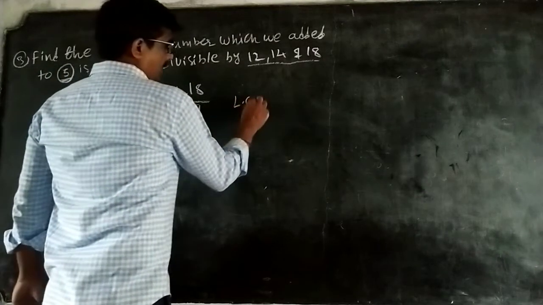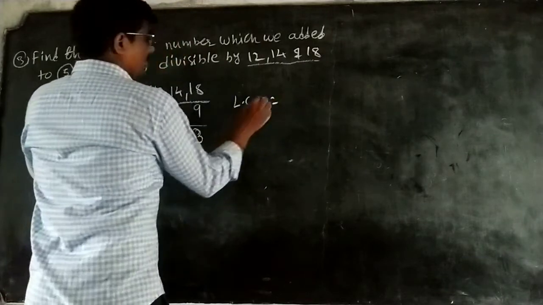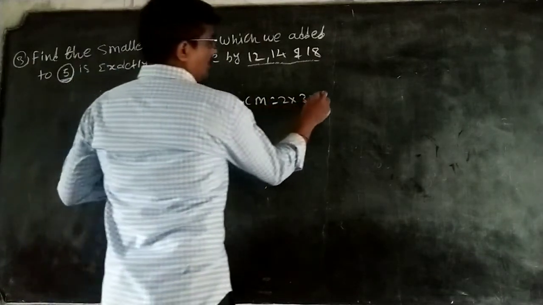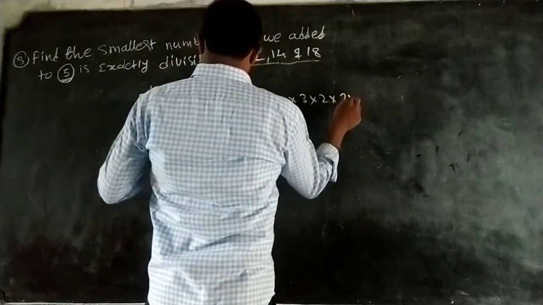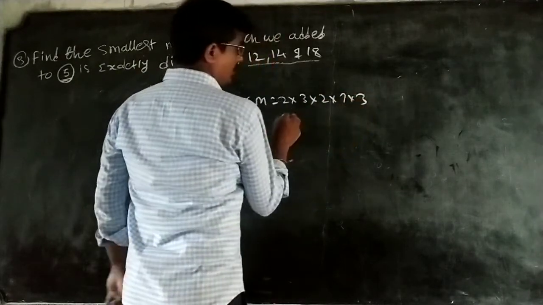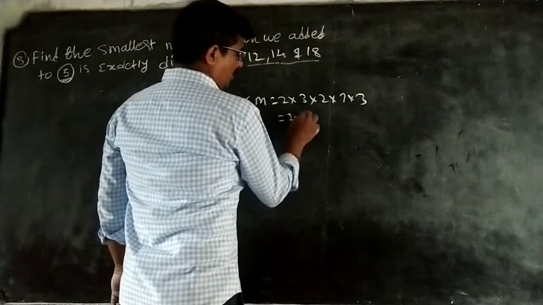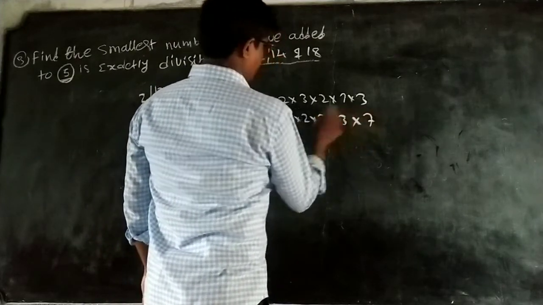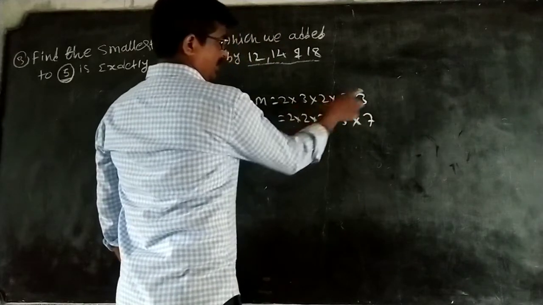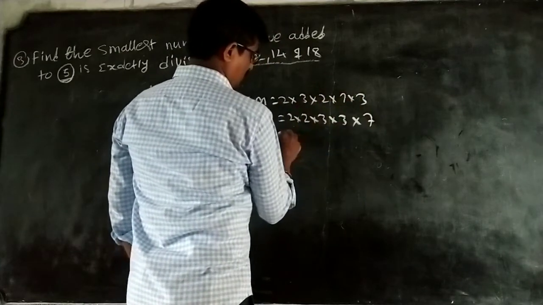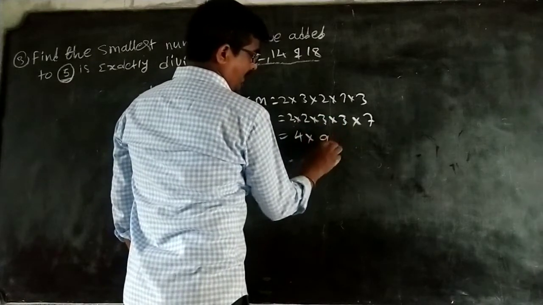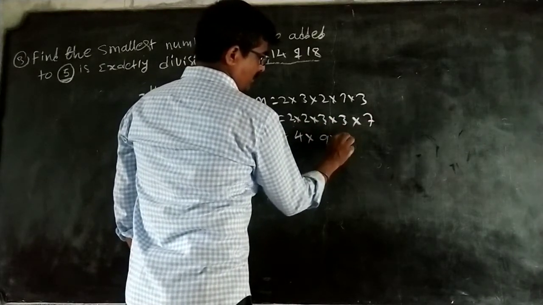Therefore LCM is equal to 2 into 3 into 2 into 7 into 3, otherwise 2 into 2 into 3 into 3 into 7. 2 2s are 4, 3 3s are 9, into 7.